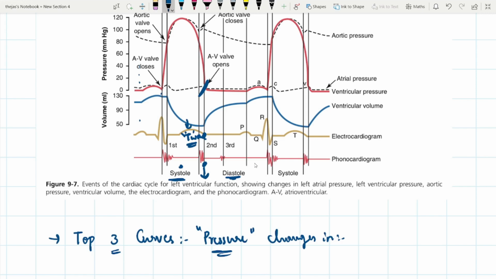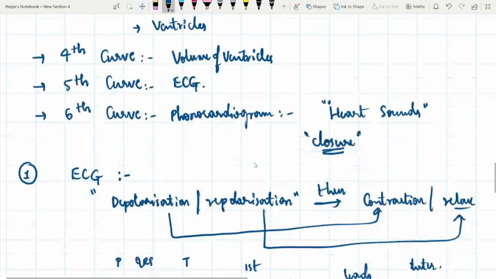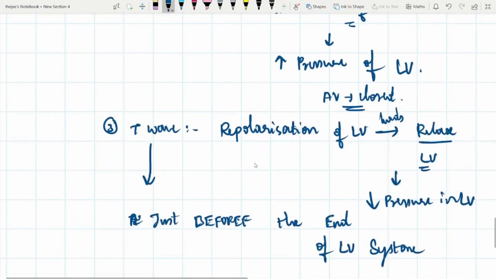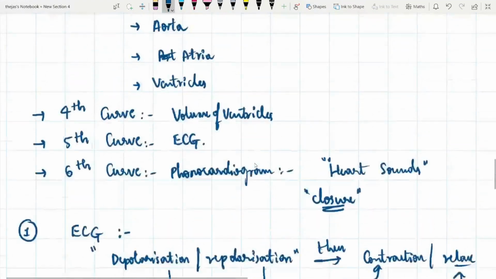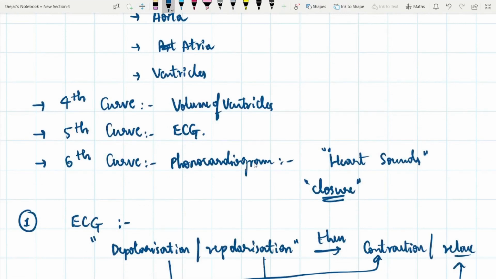You can also say it as: T wave first occurs, and just after T wave, the ventricular diastole begins, or T wave occurs just before the end of ventricular systole. Okay. So this is about the ECG wave. One curve is over, that is the fifth curve. Fifth curve is done.